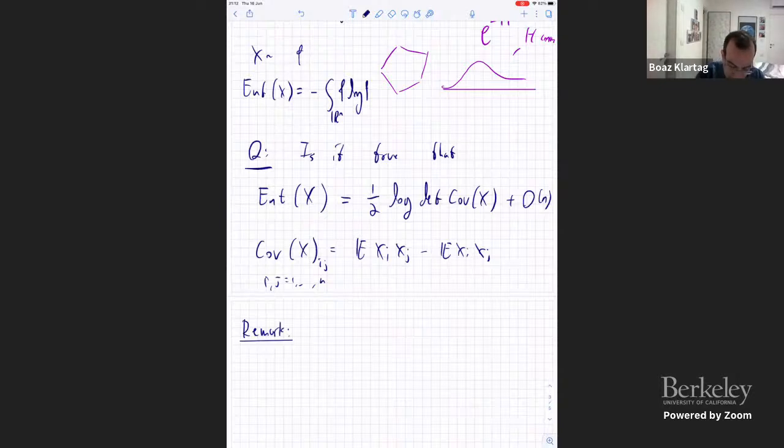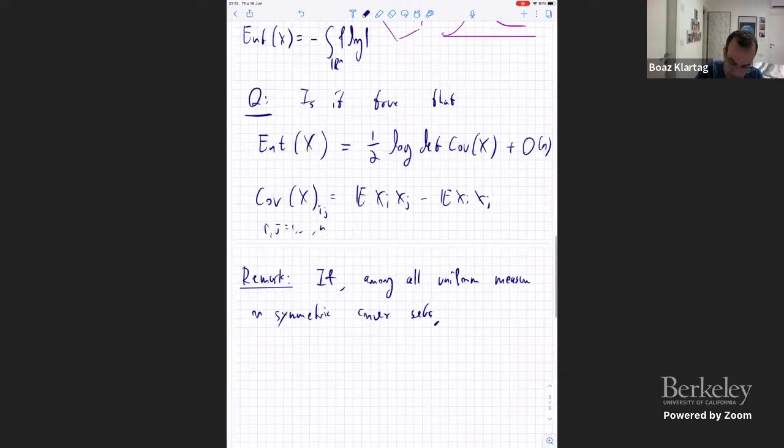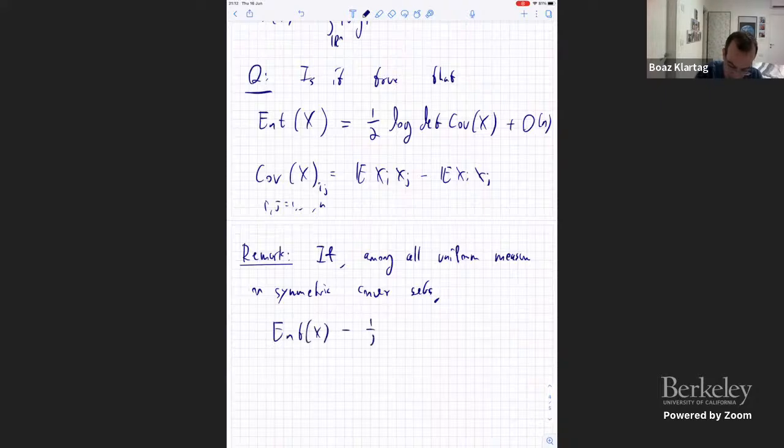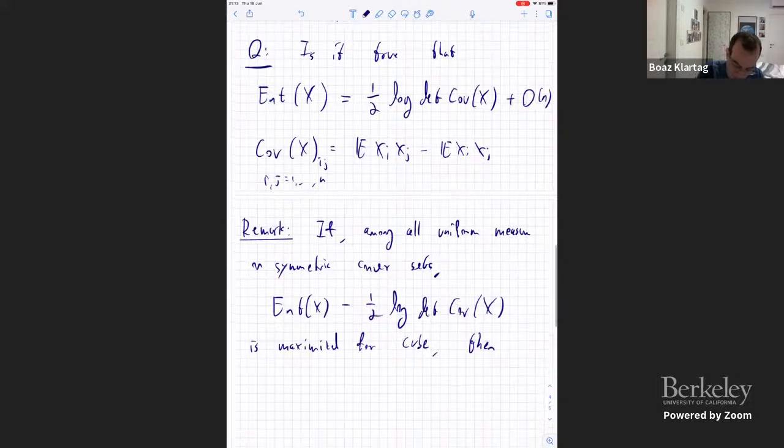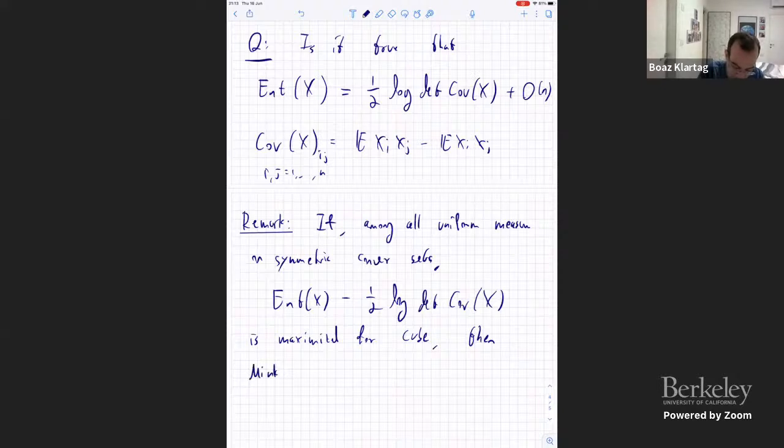And in fact, there are greater experts than me in this audience, particularly Stefan Dadovich. So Greg and Stefan Dadovich proved, based on works of others, the following conditional statement: if among all uniform measures on symmetric convex sets, you know that the entropy difference is maximized for the cube, so this is a strong form of the slicing problem for the cube, then a certain old conjecture attributed to Minkowski follows. So the Minkowski lattice conjecture follows.